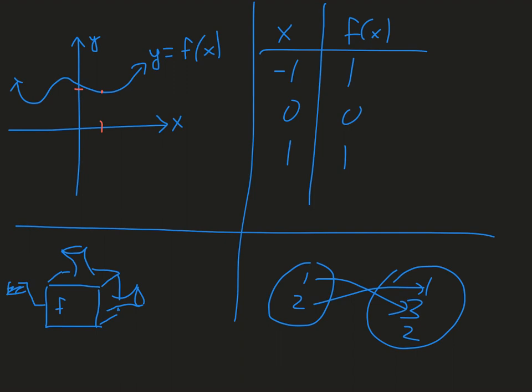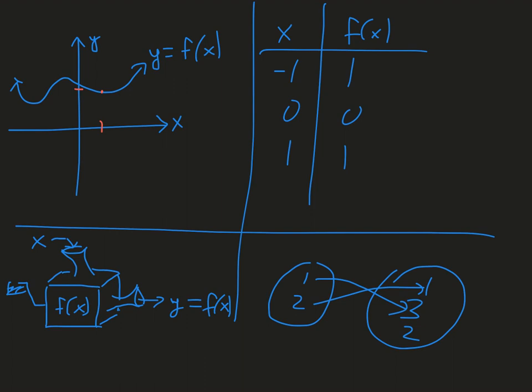It takes inputs, which we typically think of as x's, but we're going to get away from that. Takes x's, they go inside, and I turn the handle, crank, crank, crank, and it spits out a y value. But the important thing is that y value is entirely determined by what that x value is.